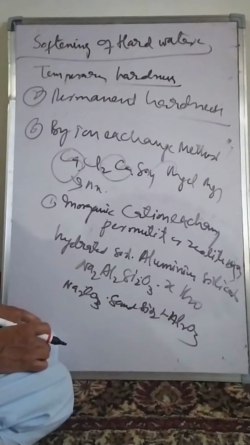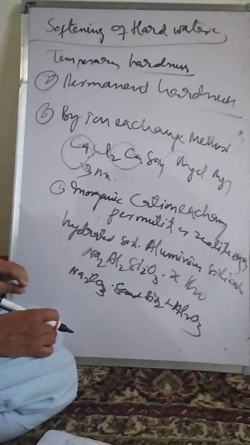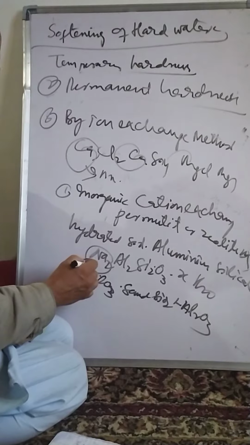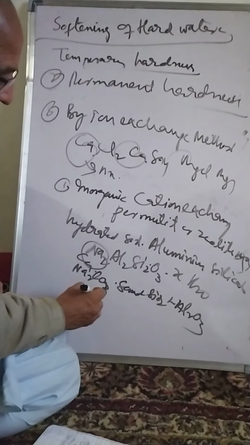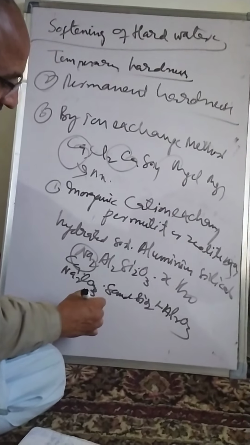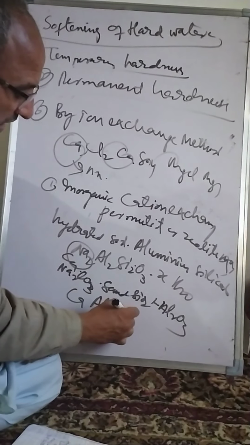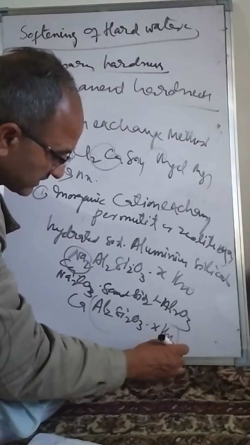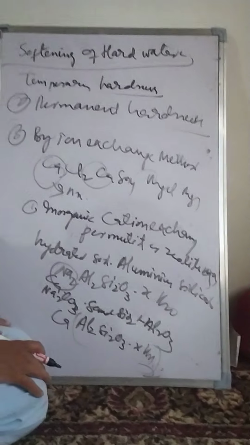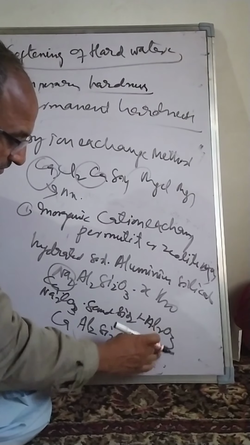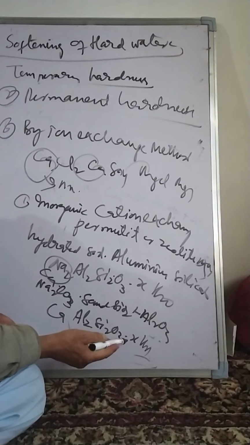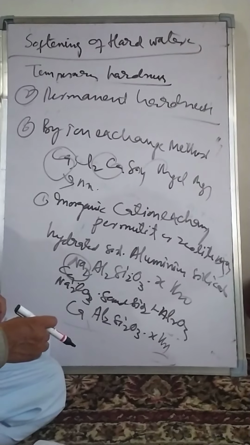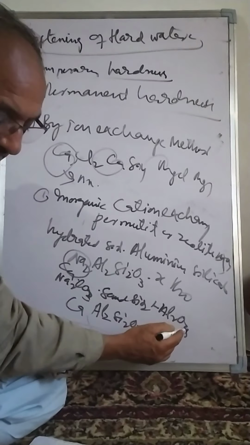When we add this compound to hard water, the sodium is replaced by calcium, so the formula becomes CaAl2Si2O8·xH2O. So this becomes hydrated calcium aluminum silicate, and this is a precipitate.